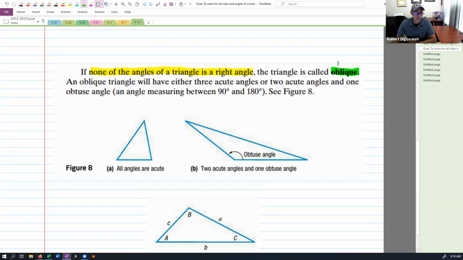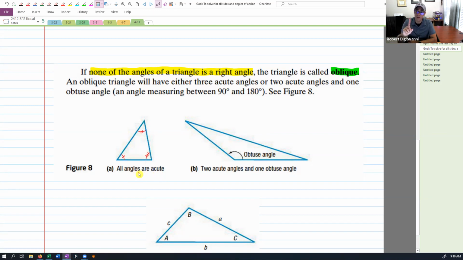And it turns out that when you have an oblique triangle, you only have two possibilities in terms of how you could draw them. You could have a triangle where all three of the angles are acute. And remember, acute means that they're less than 90 degrees.